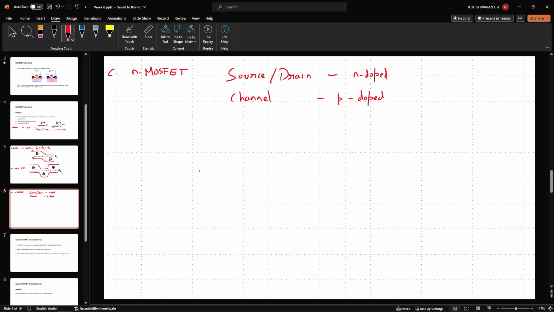So we'll again have, following the same color scheme as before, the same Fermi level across the three regions in the device. So this is going to be EF, and then we shall have an N-doped source and drain.